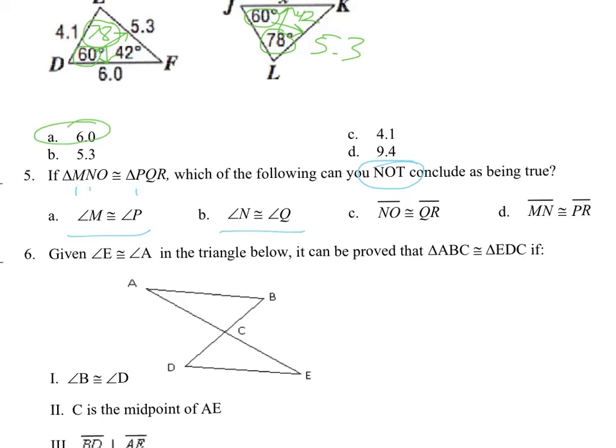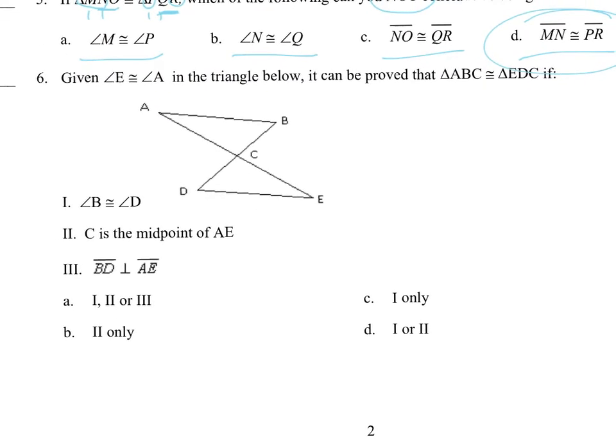N and Q, those are the second letters, so they're going to be congruent. NO and QR are the last two letters, so those are going to be congruent. And then MN, which is the first two letters, and PR, which is the first and last letter, those are not corresponding. My answer in that case is going to be D.